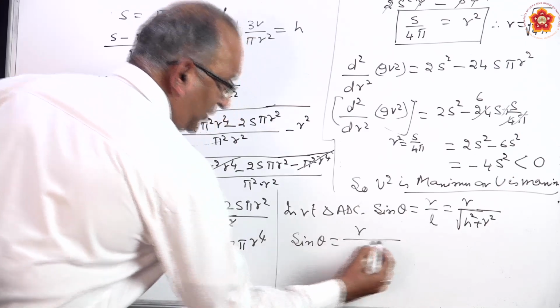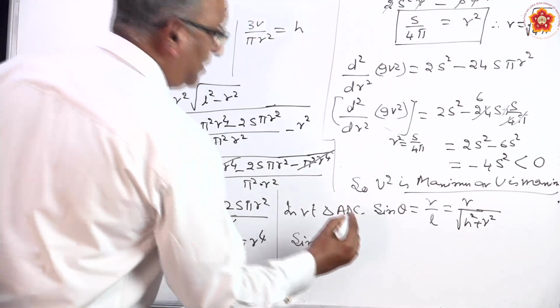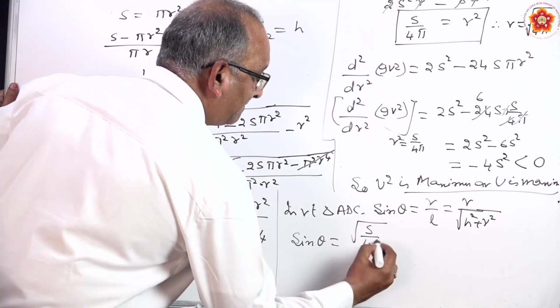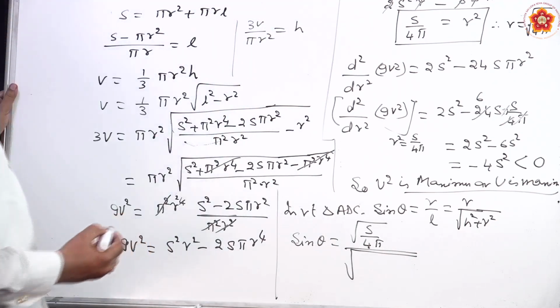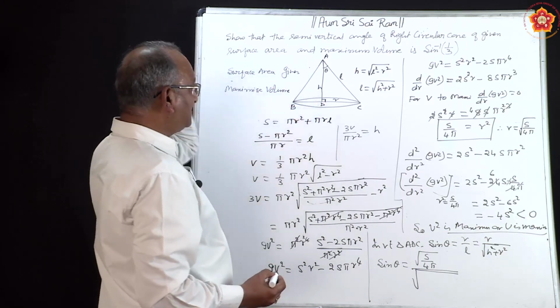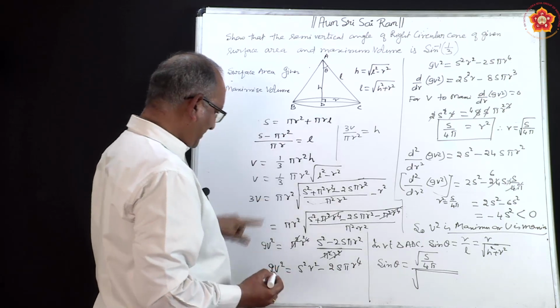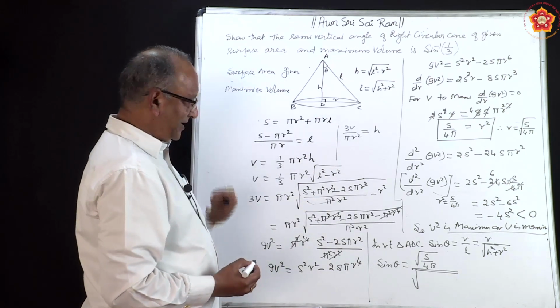r upon, you can in fact substitute the value of r. R is how much? Under root of s by 4 pi upon under root of h square. Can we get h also in terms of s? Think about it, because one will be in terms of s, another will be in terms of v, it will create confusion.